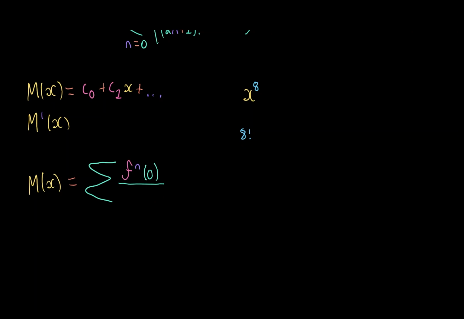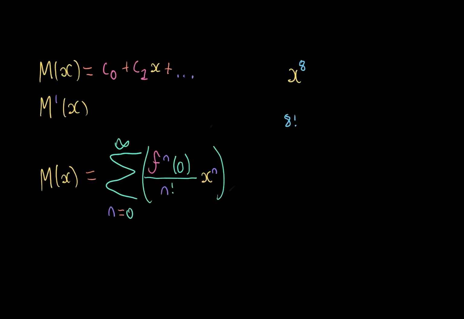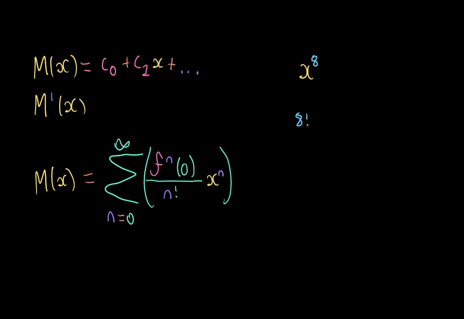Divided by n factorial times x to the power of n. And this approximation gets better and better as you add, and then n is equal to 0. Perfect.